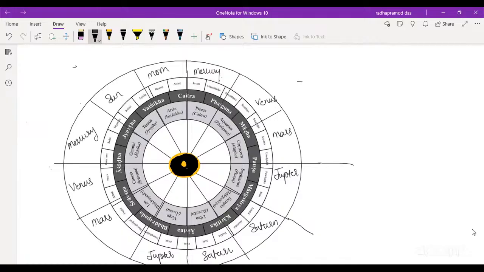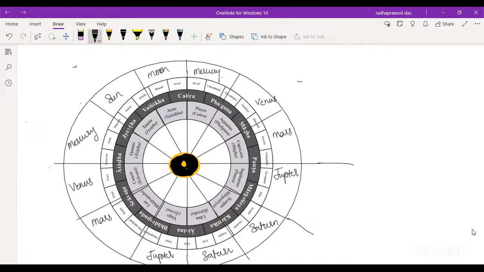Now you see here is Capricorn, and the planet Mars is the lord of this zodiac sign. So Mars, and then there is Venus, Mercury, Moon, Sun.